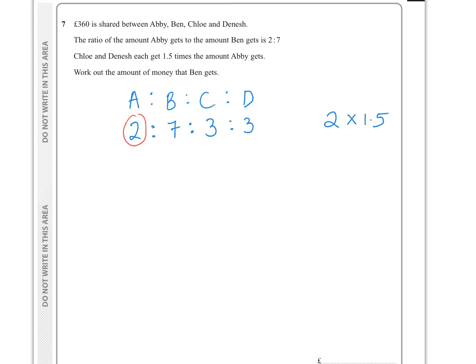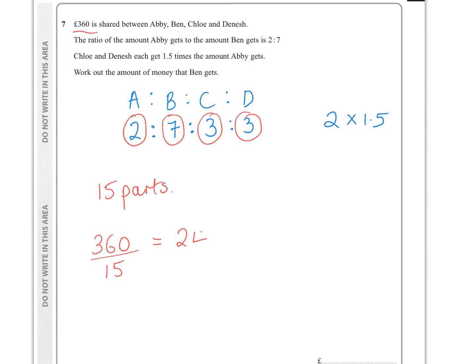Well, if we look at these, we've got 2 and 7 is 9, and 3 is 12, and 3 more is 15 parts to this ratio. And the amount of money that has to be shared is £360. So if we do 360 divided by 15 on our calculator, we get 24, and that's for 1 part.